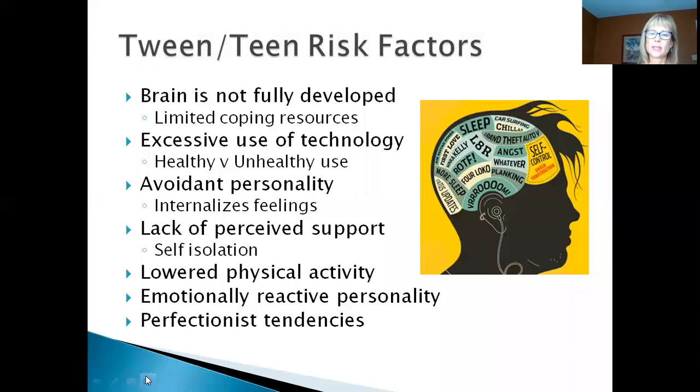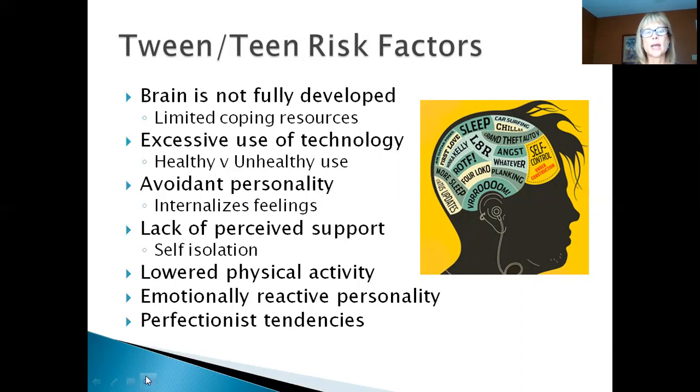And so teens, I just want to spend another minute on this because they have a higher risk factor, meaning that they're a little bit more vulnerable to stress. And it's important to understand why as we dive deeper into what we can do about it and how we can help our kids.